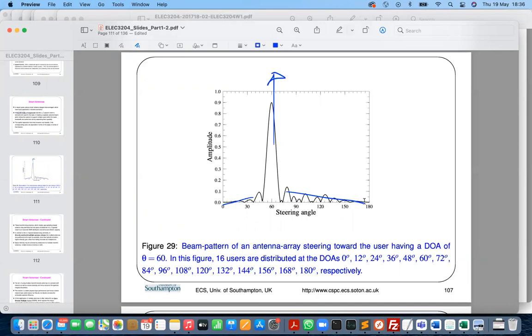In order to maximize the power to a desired user or to a desired direction, we impose phase rotations at the transmitter so that when the signal arrives at the desired direction, it is maximized. And when it arrives at the undesired direction, all the multipaths add together destructively. So the signal power is reduced, it's minimized.